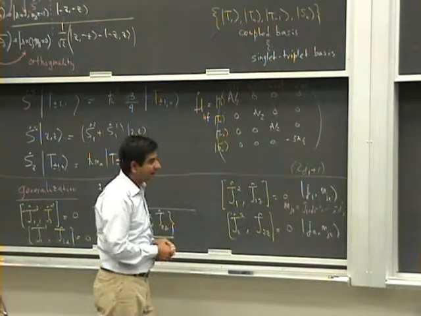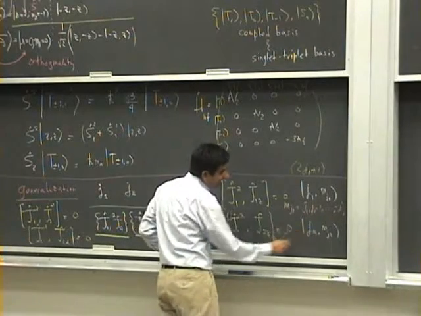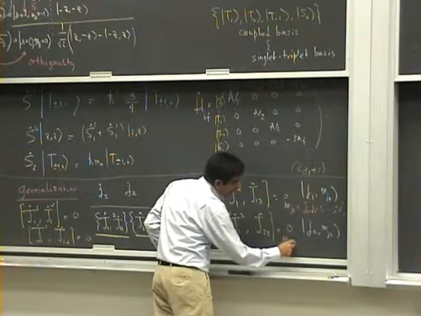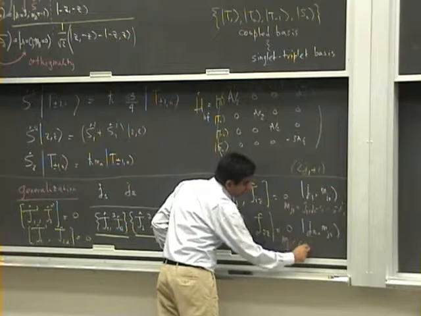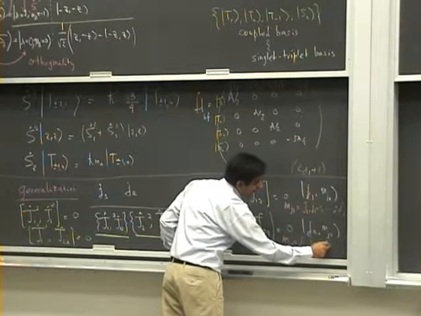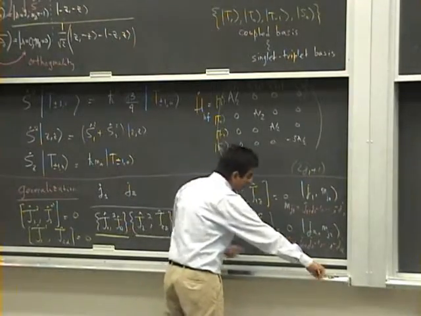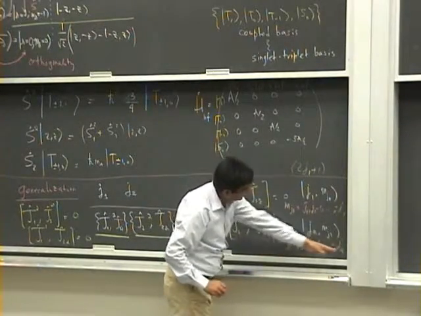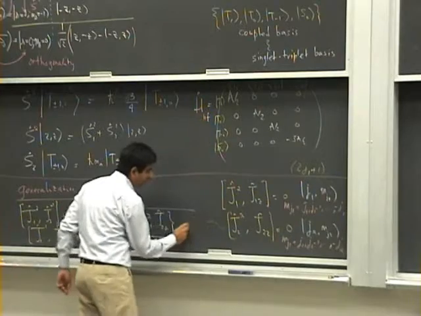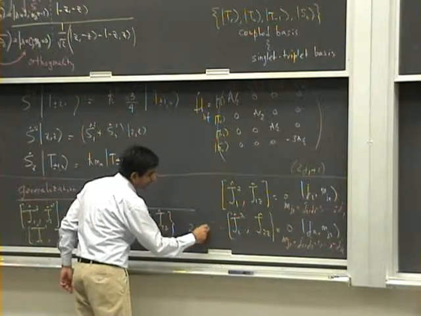Correct? Alright. Likewise, mj2 can take up the values j2, j2 minus 1, all the way down to minus j2. And the number of possible values is simply 2j2 plus 1.